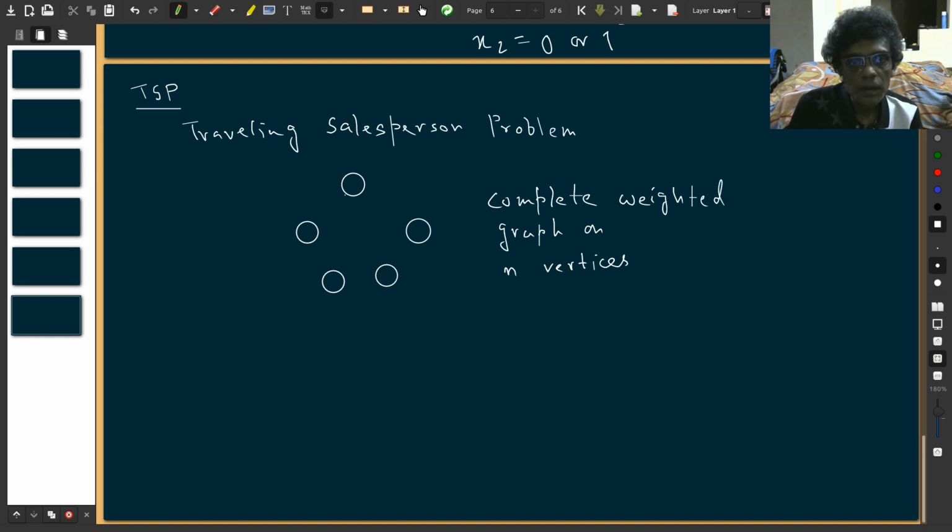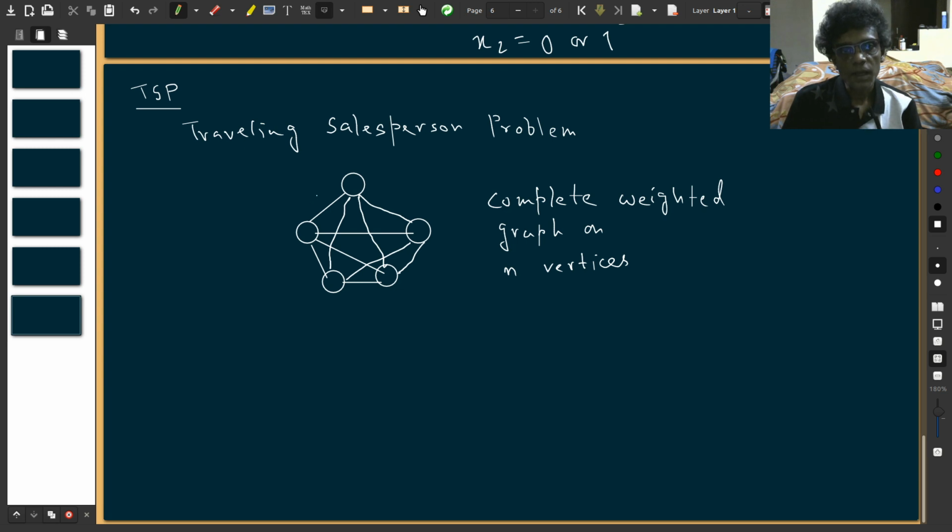That means we will have an edge here, here, here, and so on. And each edge has some positive weight, like 5, 3, 9, 18, so on. So these essentially stand for the cost of traveling from this city to this city.